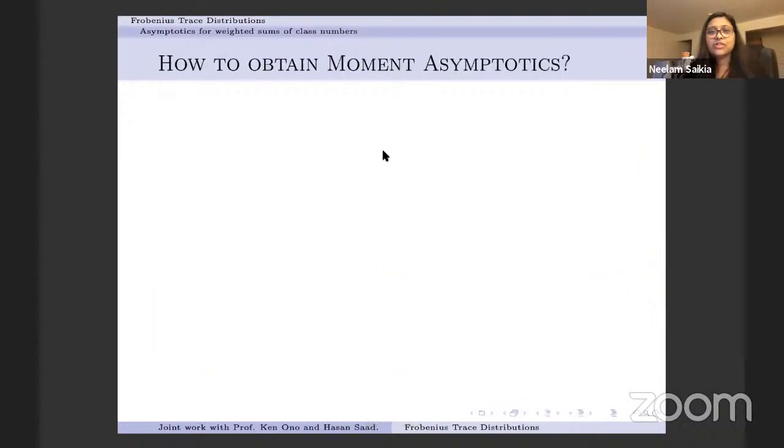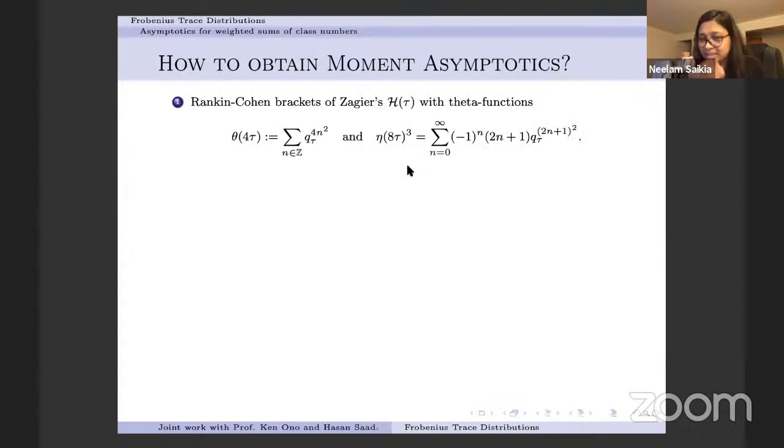So how do we obtain these asymptotic moments? Here we briefly give the steps we follow. We apply the Cohen-Rankin bracket to the Jacobi function and these two theta functions. This is a theta function of weight half, and this one is like the Dedekind eta function, of weight 3 half.